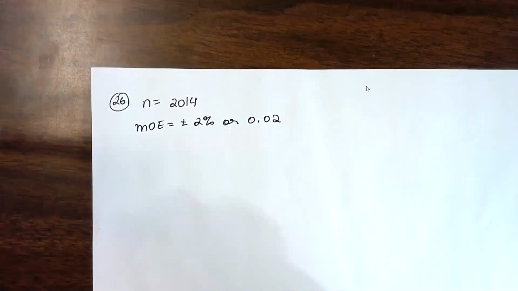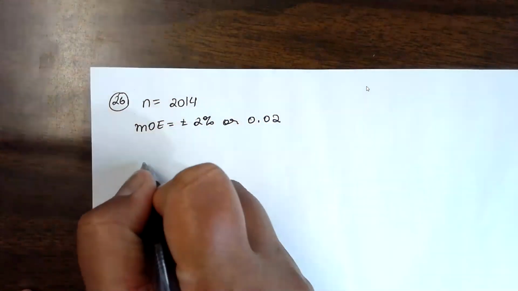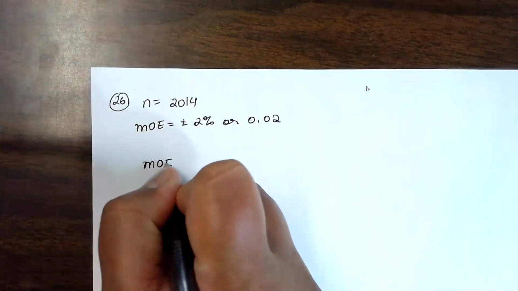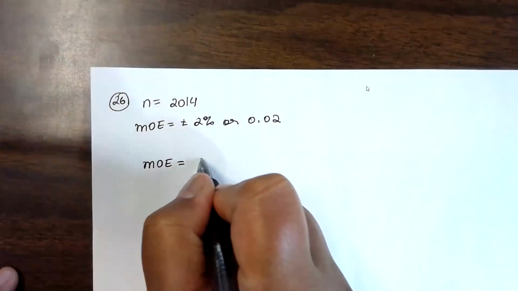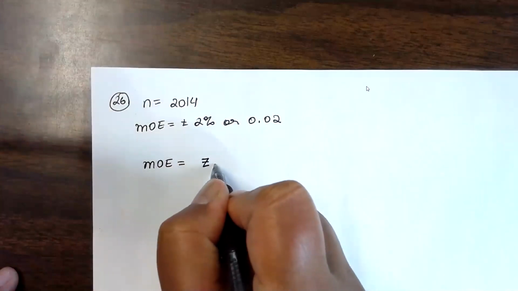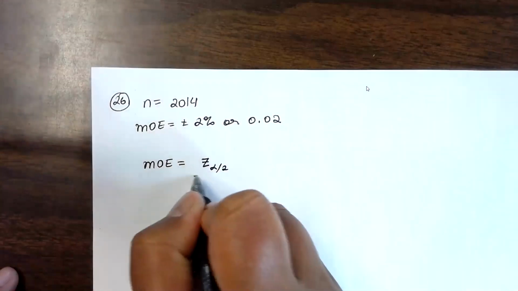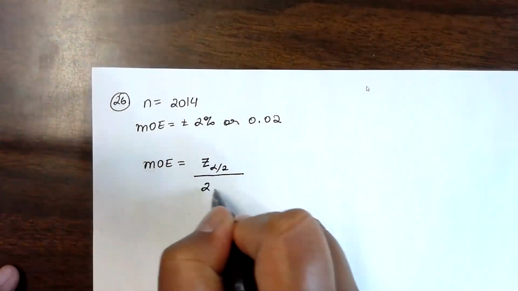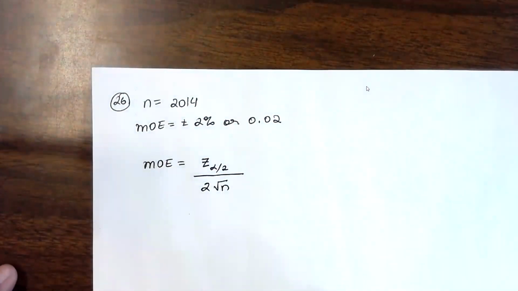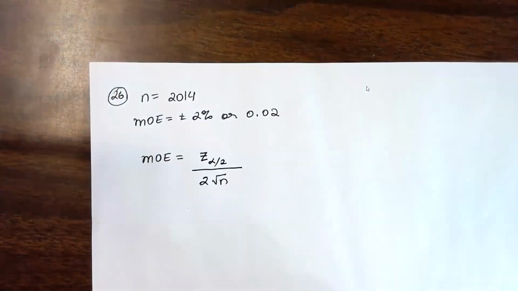Now to figure out the confidence level for this poll, let's start out with the equation that we know. So margin of error is z sub alpha divided by 2, and that is divided by 2 times square root of n. So let's look at what information we have.